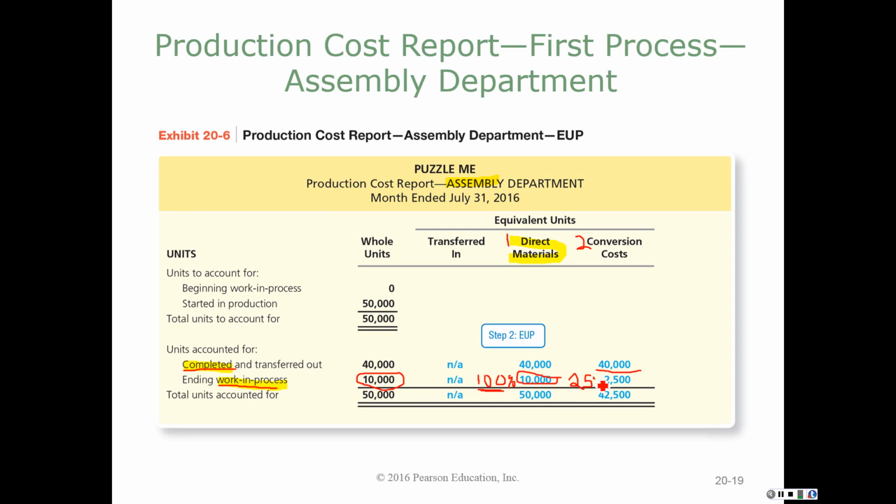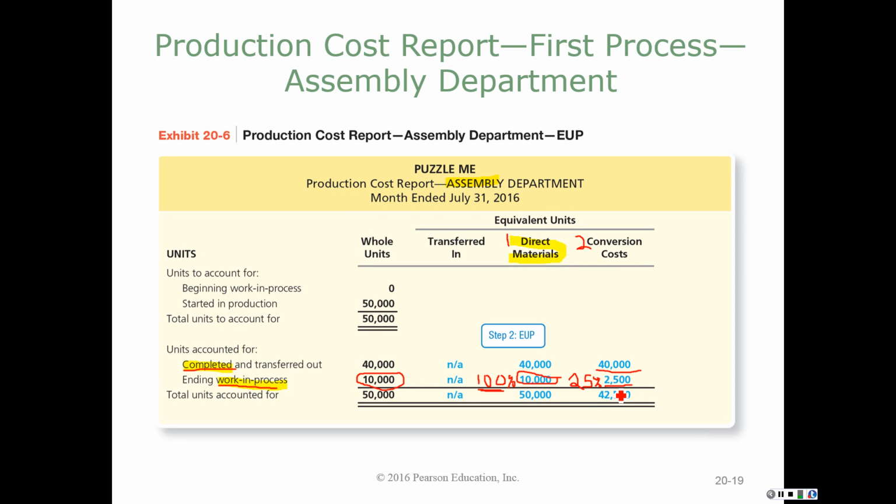Okay, they're only 25% complete. So if I have 10,000 units that only have 25% of their labor and overhead, these conversion costs, then that is the equivalent of 2,500 finished goods for conversion.